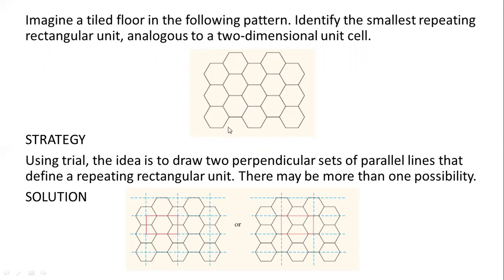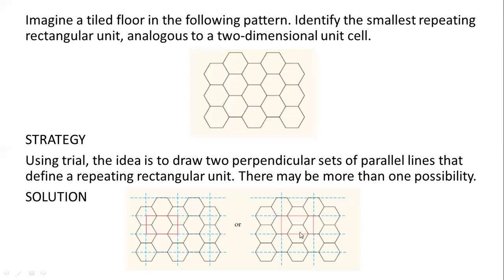Your strategy is to draw perpendicular lines, like these shown here, at equal distance from the central point. Then you join all these four lines. It will be a rectangular unit, that is called the unit cell.